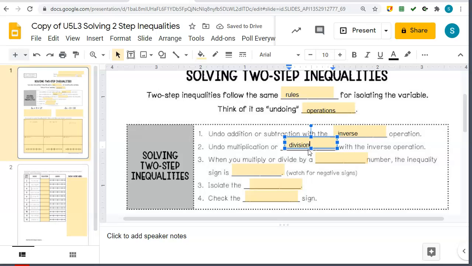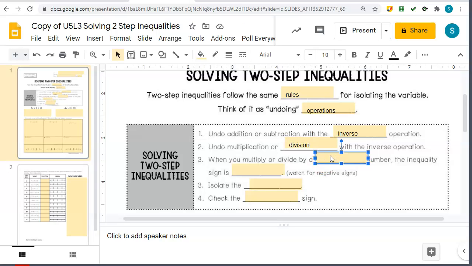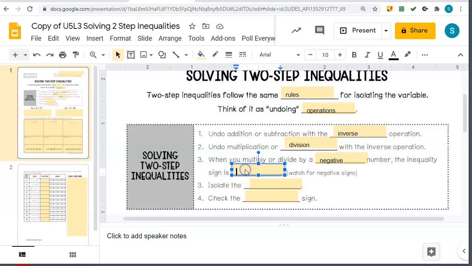When you multiply or divide by a negative number, the inequality sign is flipped. So, watch for negative signs. You want to isolate the variable, and you want to check the inequality sign.